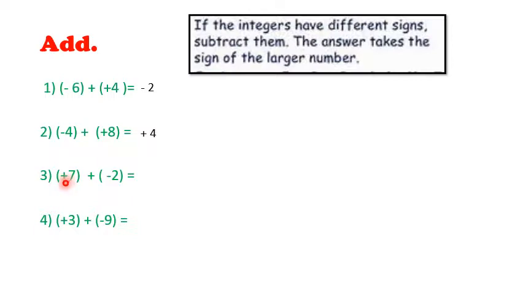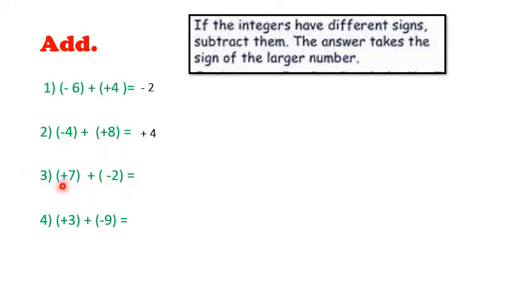Example 3, I have positive 7 plus negative 2. The integers have different signs, so I will subtract them. 7 minus 2 equals 5, and I'll take the sign of the larger number.